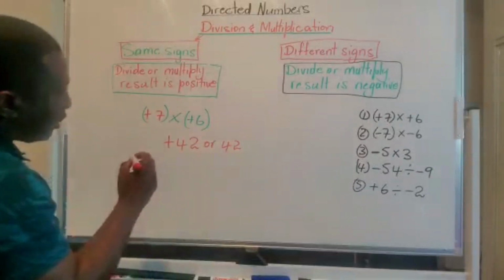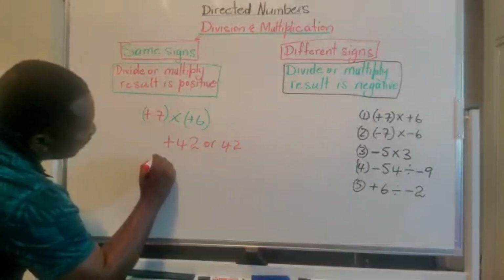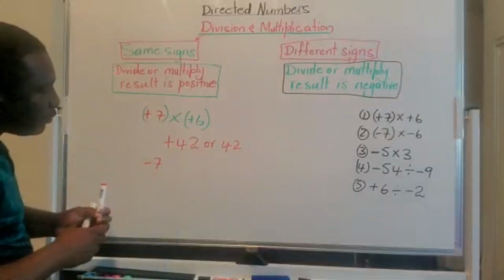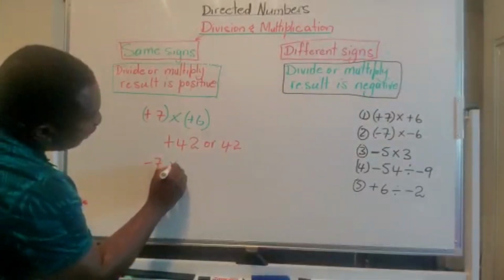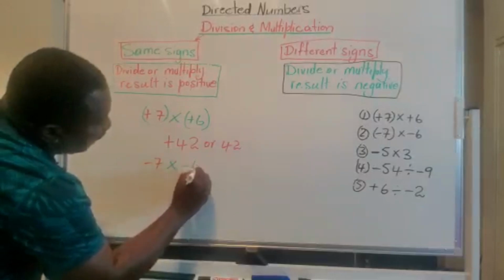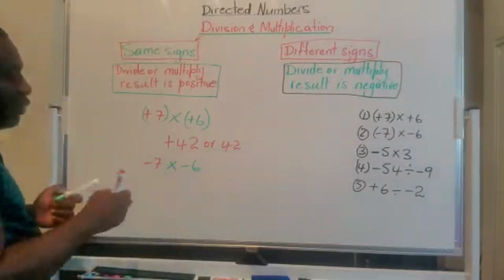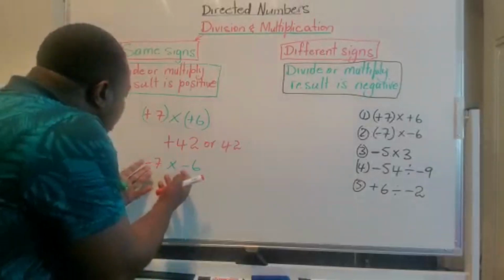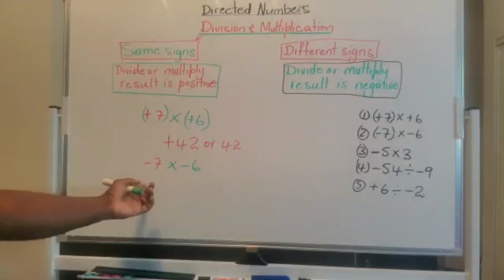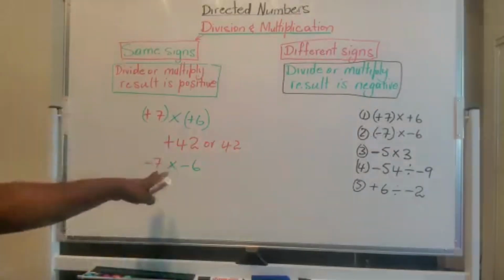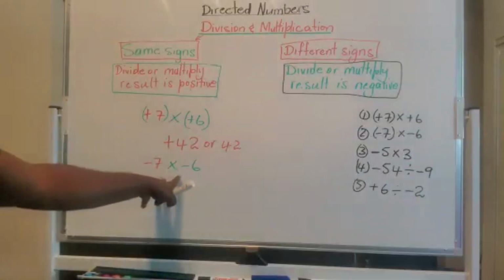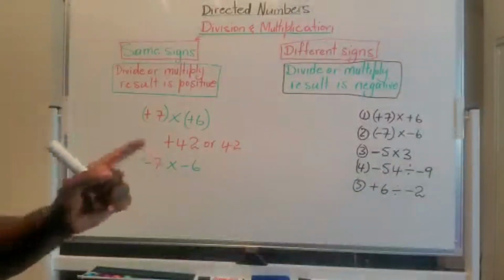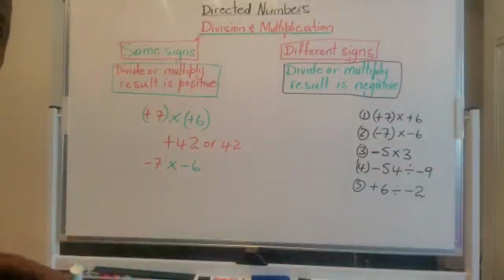Again, negative 7 multiplied by a negative 6. Again, guys, we are going to be taking a keen look. Are the signs the same? Yes. Signs are the same, so our outcome will be a positive value.